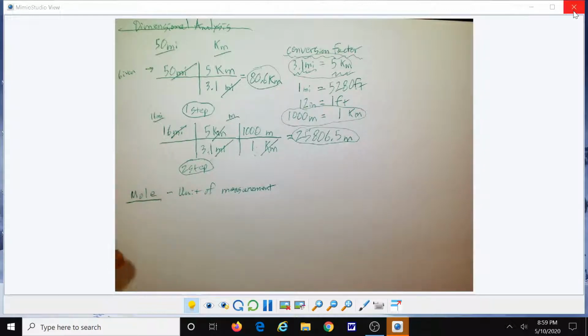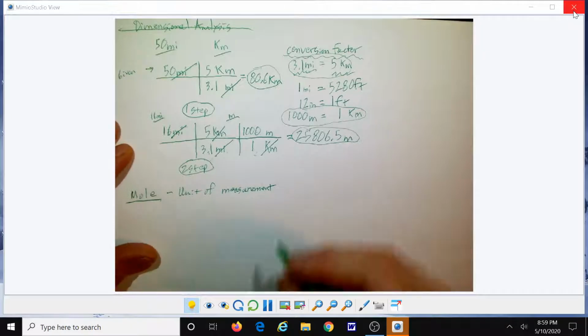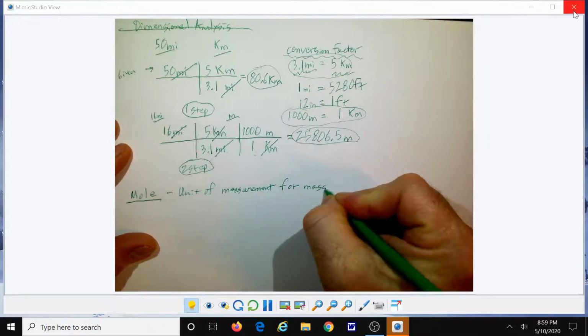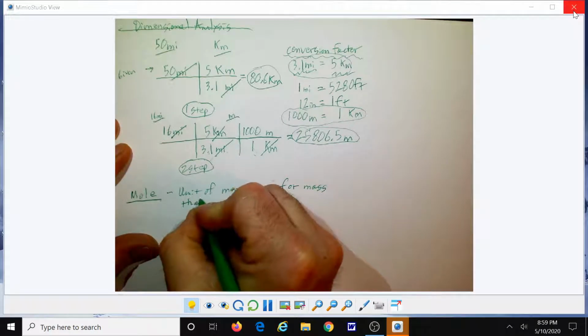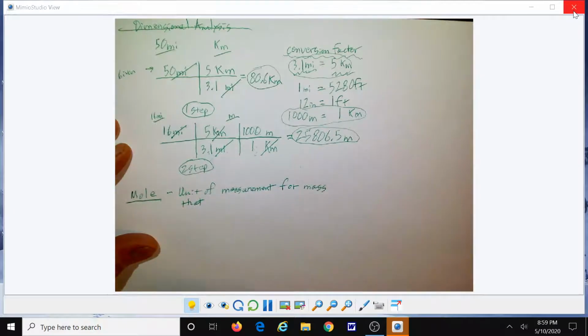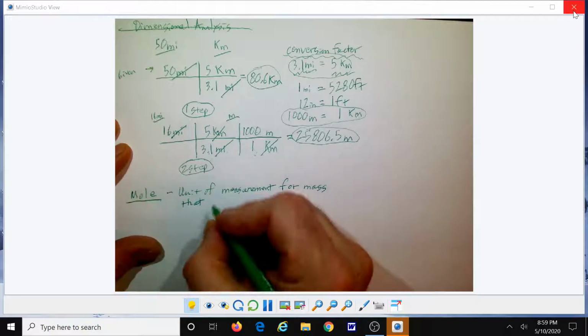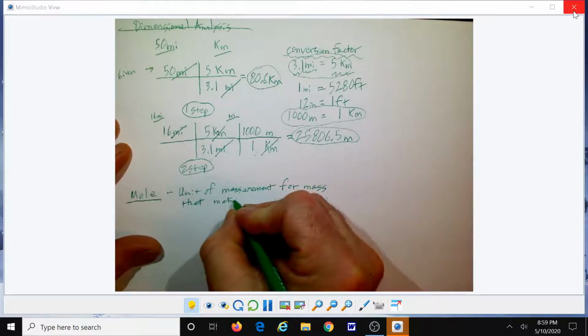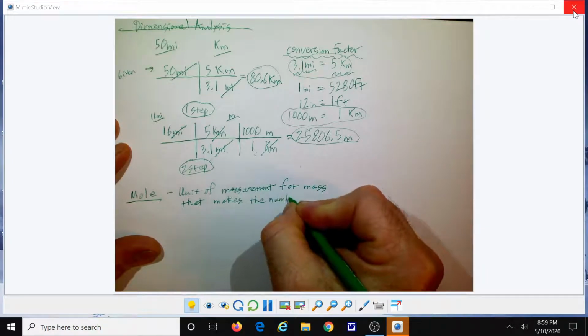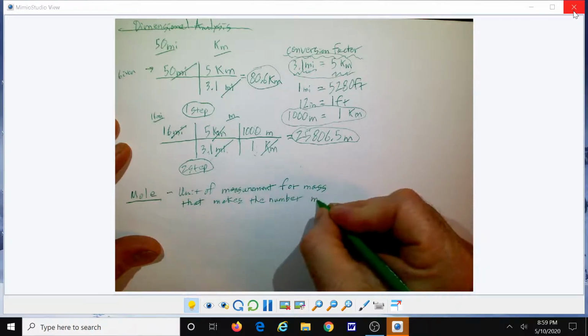So that's really the whole purpose of the mole, is it's a unit of measurement for mass that makes it either larger or smaller so it's easier to work with and do the math around it. Unit of measurement for mass that makes the number more manageable to work with.